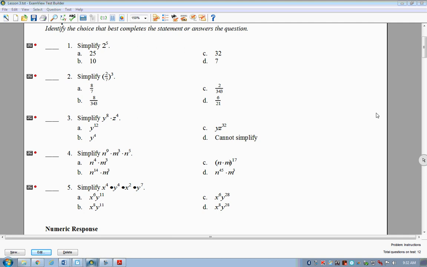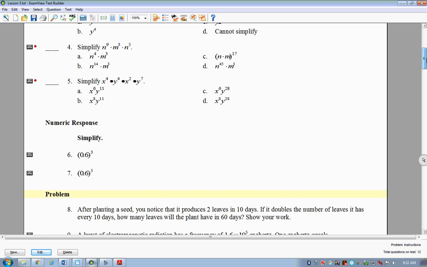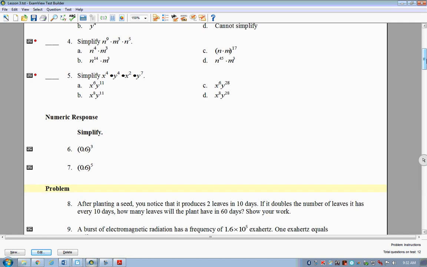All right, let's come down here to number 4. Do I have any same bases in number 4? What's my common base, Blayton? Number 4. No. What's my common base?